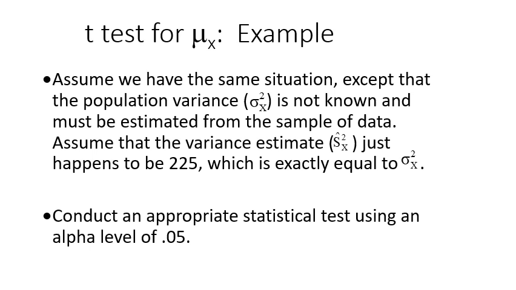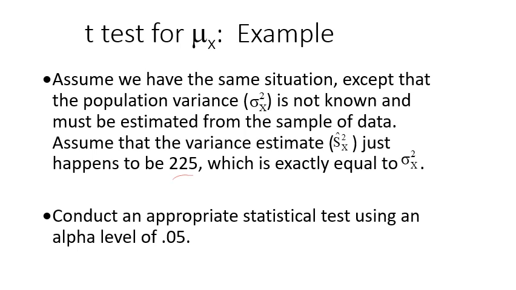Let's use an example now. Same exact situation as before, except the population variance is unknown. So it must be estimated, and the population variance estimate from our sample is now 225.